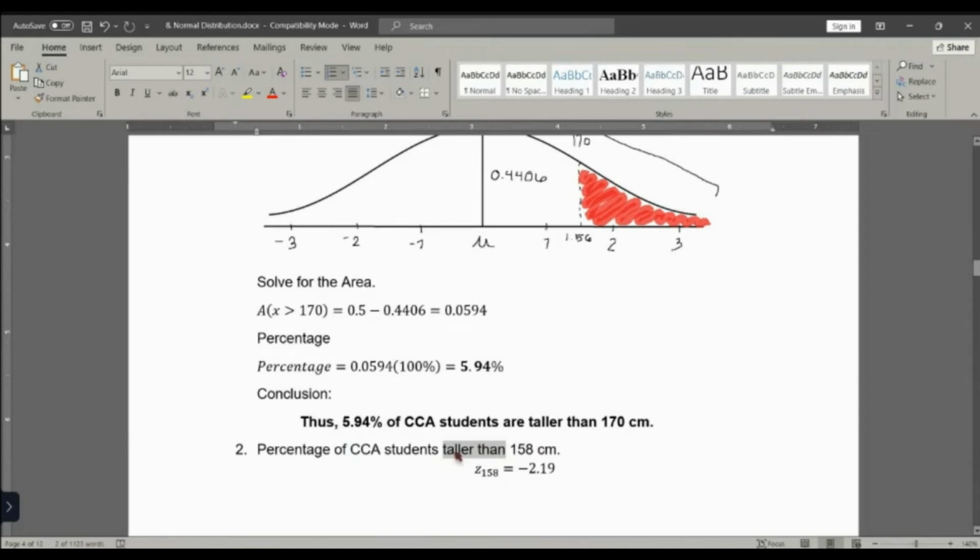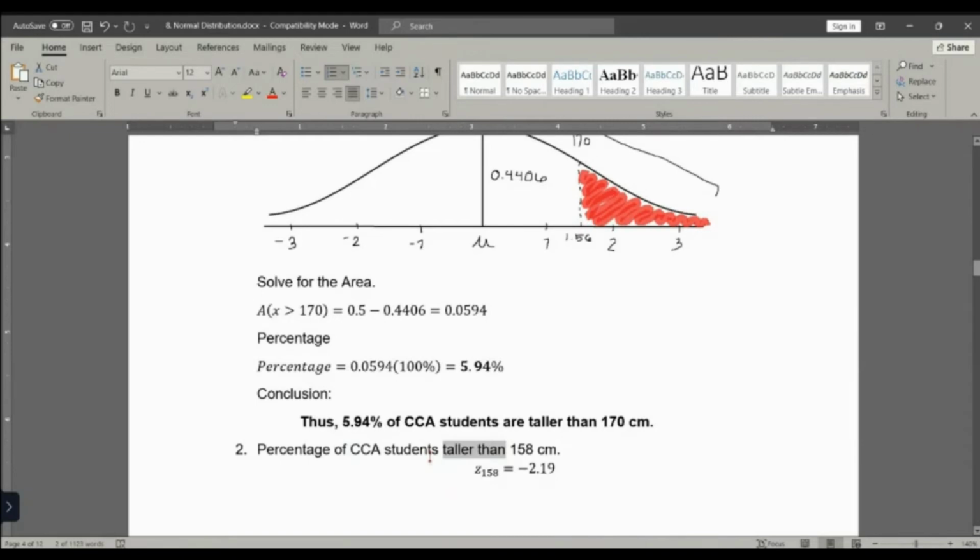Kapag height, we could use taller, shorter, smaller, and some phrase like that. If we are pertaining to weight naman, we may use heavier or lighter. Okay? Depende sa variable natin.